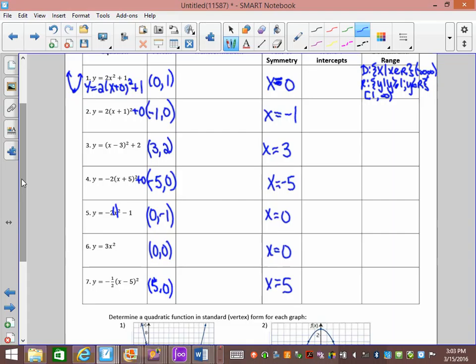Is it greater than 0 the rest of the graph, or is it less than 0 the rest of the graph? Look at your graph. Is the rest of the graph above 0 or below? Above. So we're going to say range y such that y is greater than or equal to 0, y in the reals. And if it's greater than 0 or equal to it, it means from 0 to positive infinity.